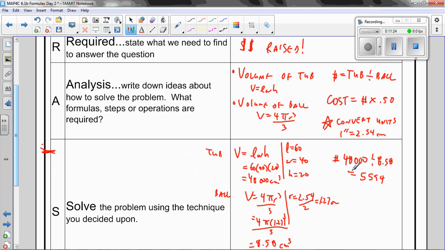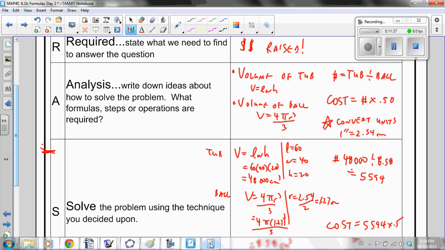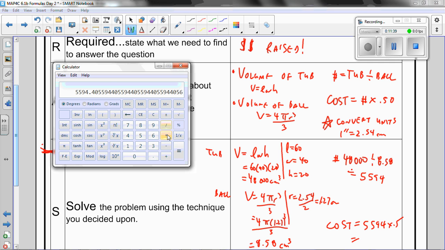5,594 about. And then the cost is 50 cents a piece, assuming we sell them all. 50 cents a piece. This will be how many dollars we raise, times 0.5. Almost 3,000 bucks.